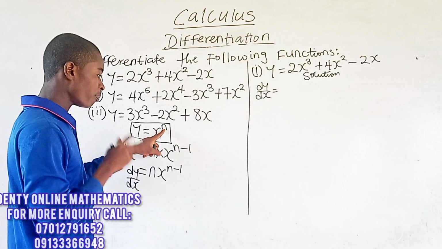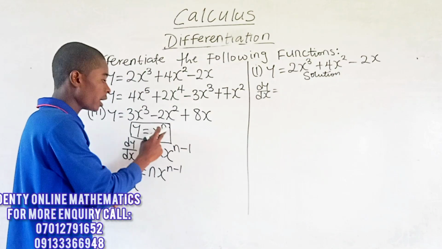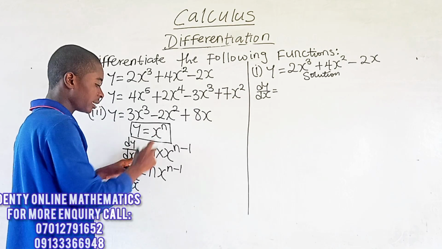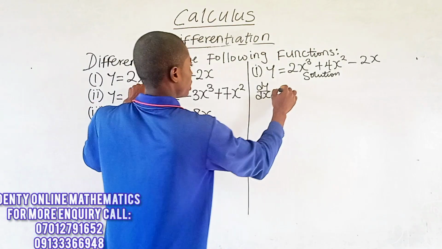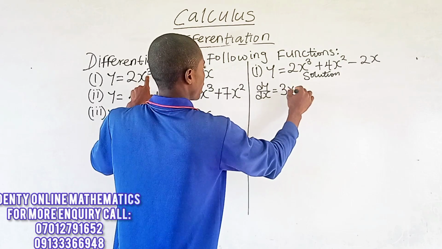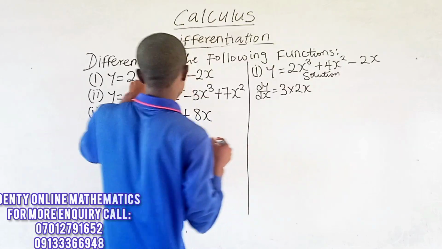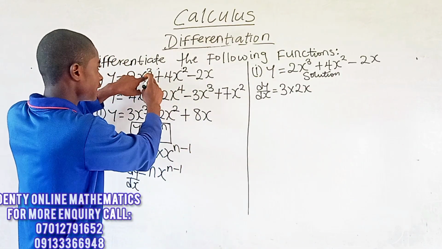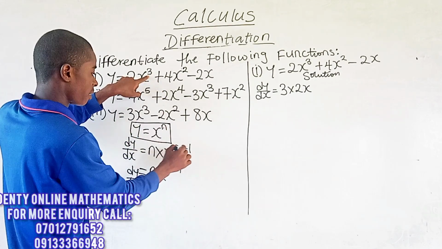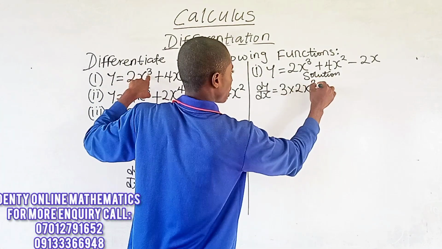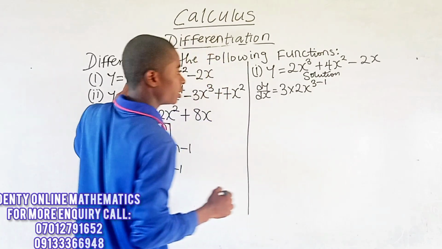We did n, the power, times the base, n times x. So the power here is 3. So you are going to take 3 times 2x to the power what? Remember, the 3 here is the n. So here is n minus 1, so it's going to be 3 minus 1. Hope you get it.